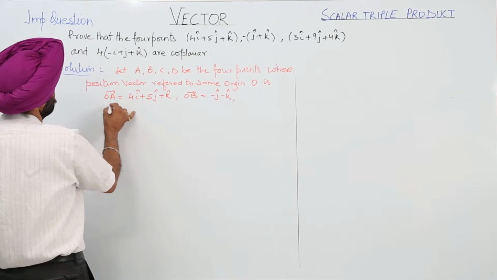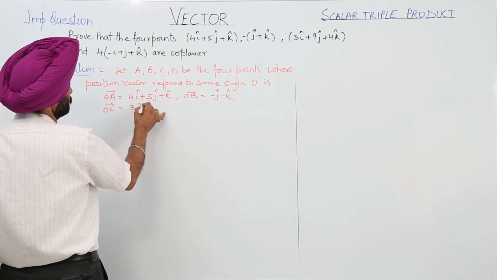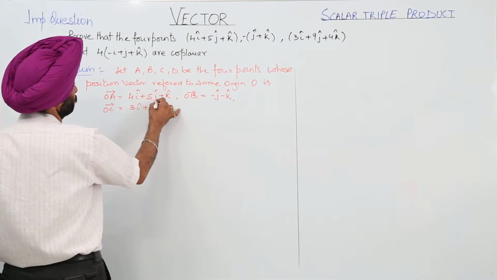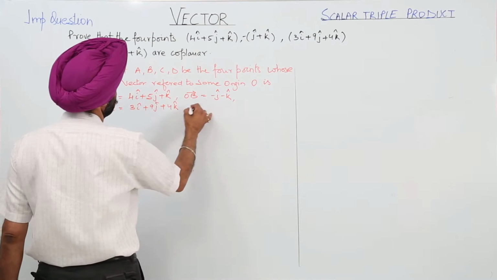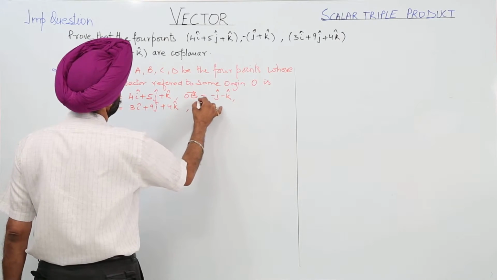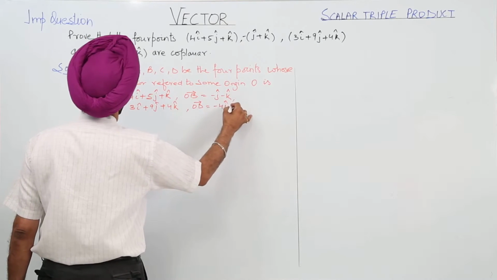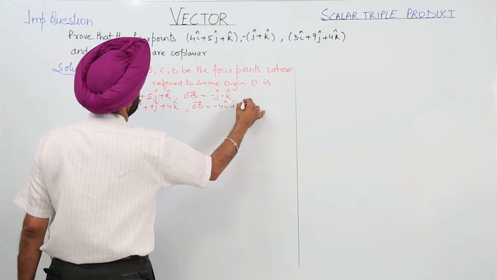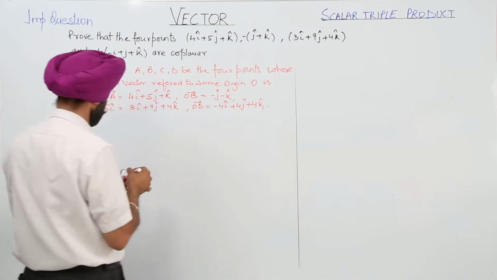Vector OC is equal to 3 i cap plus 9 j cap plus 4 k cap. And vector OD is equal to minus 4 i cap plus 4 j cap plus 4 k cap.